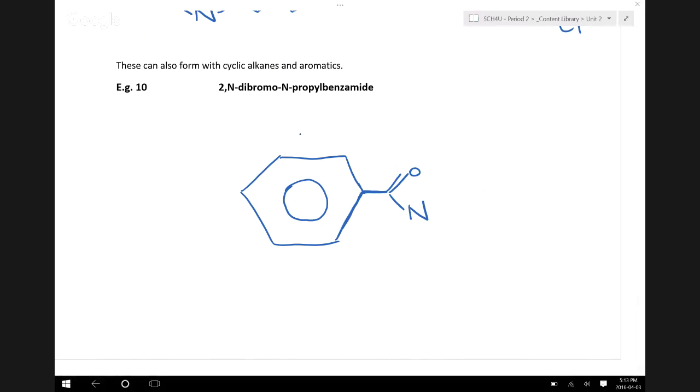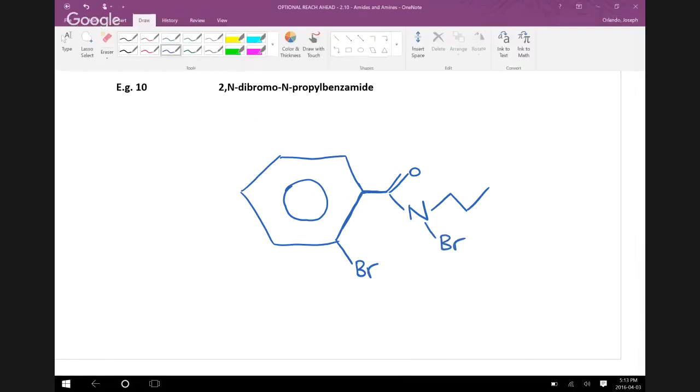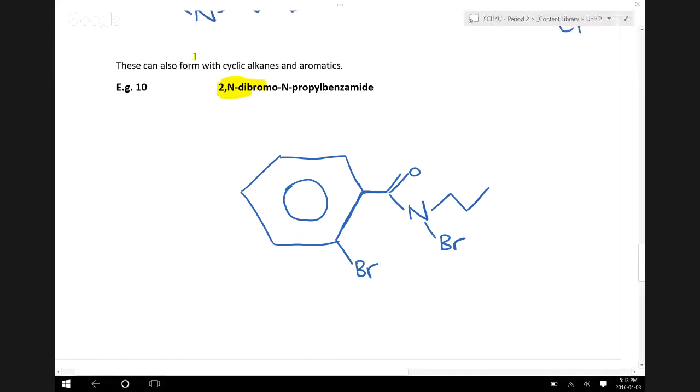And we're told that it's N-propyl. So off of the nitrogen, we would have a 1, 2, 3 carbon chain. Maybe I'll do this by highlighting it after. And then we're told that it is a 2N-dibromo. So carbon 2 has a bromine coming off of it, and the nitrogen has a bromine coming off of it. So here we have the 2N-dibromo, bromo and bromo.